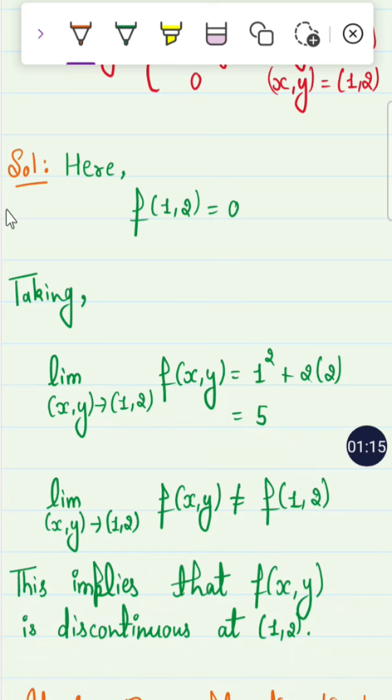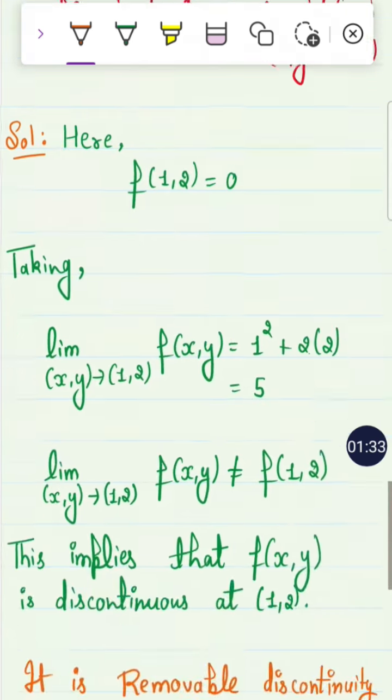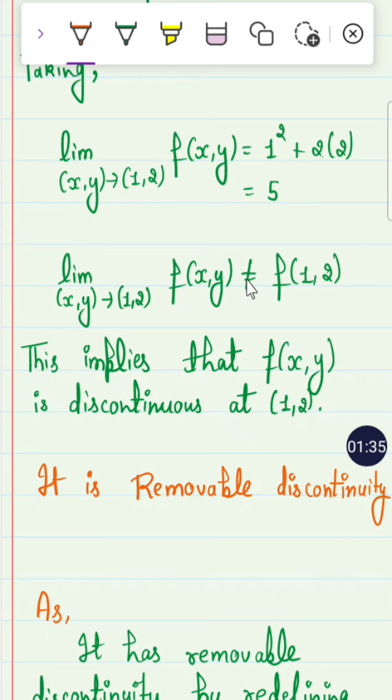If we take x square plus 2y, with x as 1 and y as 2, then it is 1 square plus 2 times 2, which is 5. So the limit is 5. But it is given that when (x, y) is equal to (1, 2), the value is 0. So the limit of this function is not equal to the function's value at the point. This implies that the function is discontinuous at (1, 2).